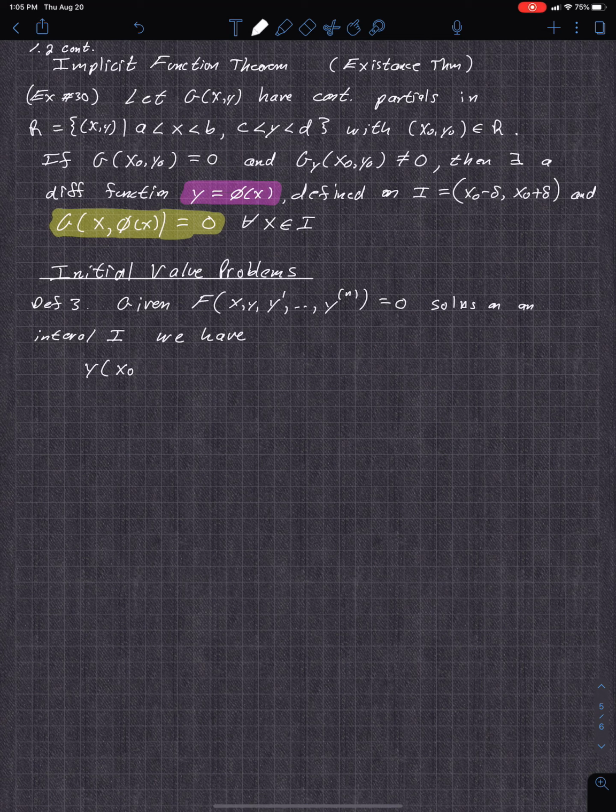So we have y of x naught equal to y naught.